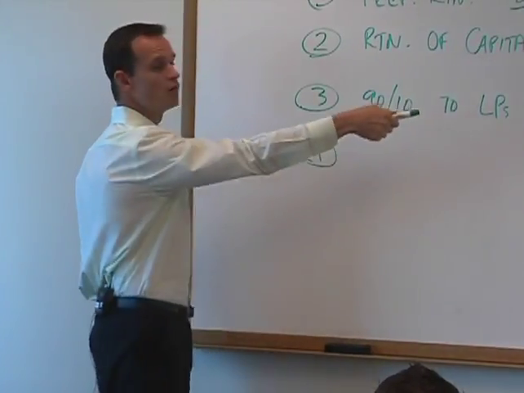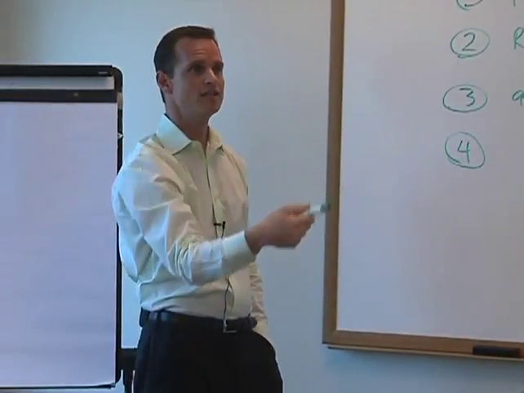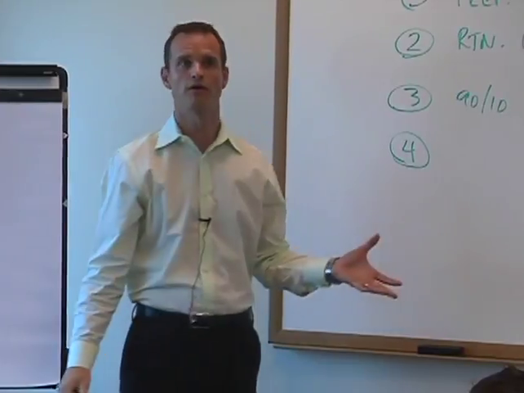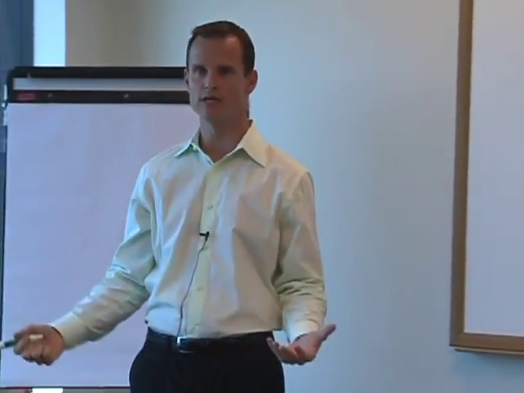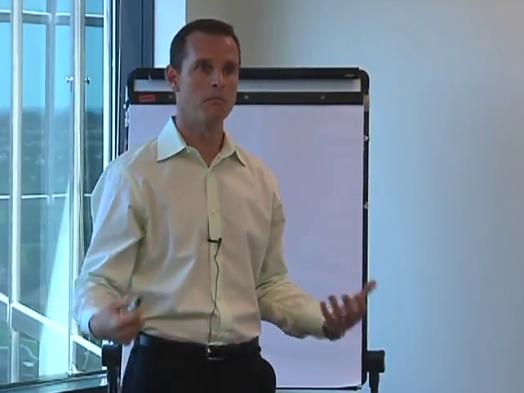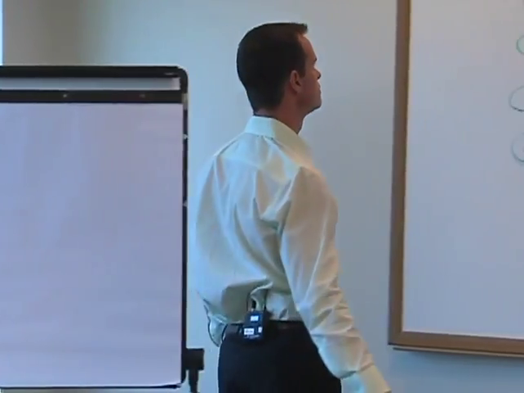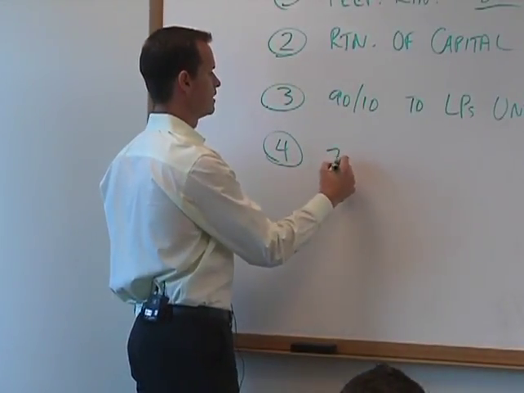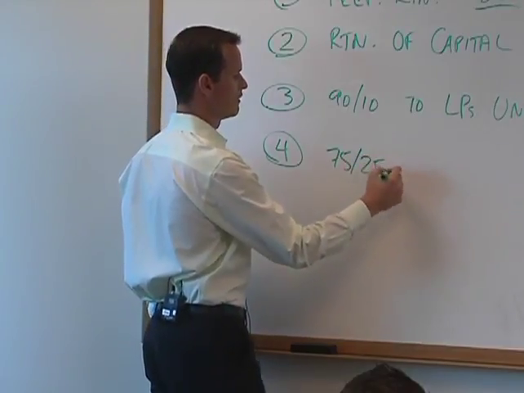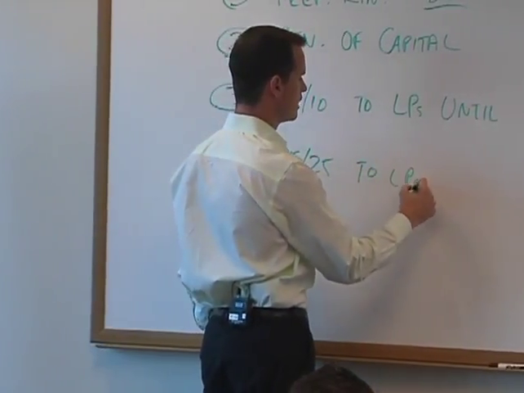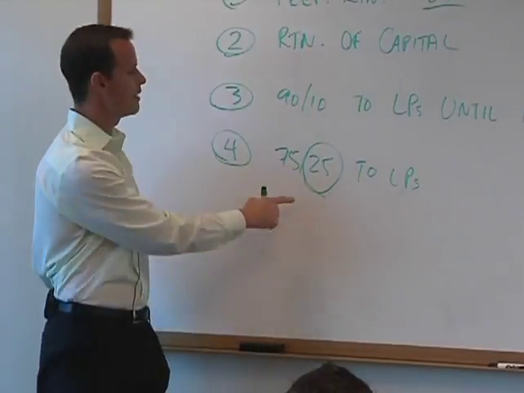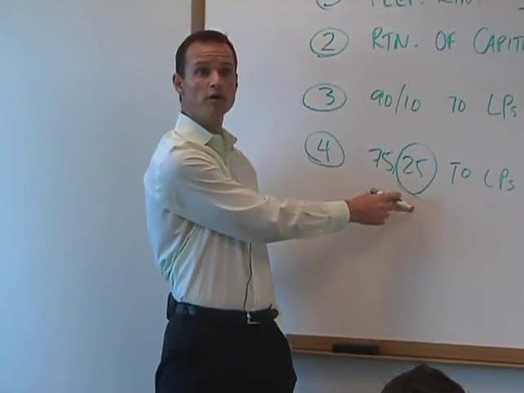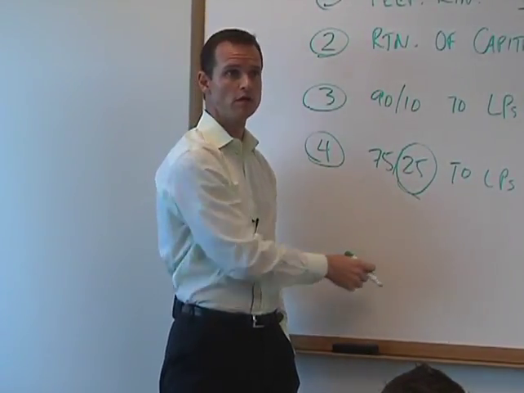And then once we get over that, as the GP, the general partner in the fund, we start getting what's called carried interest, or carry, or promote, as it's sometimes called. And maybe then it's 75-25 to LPs. Remember, we put in 10% of the money.